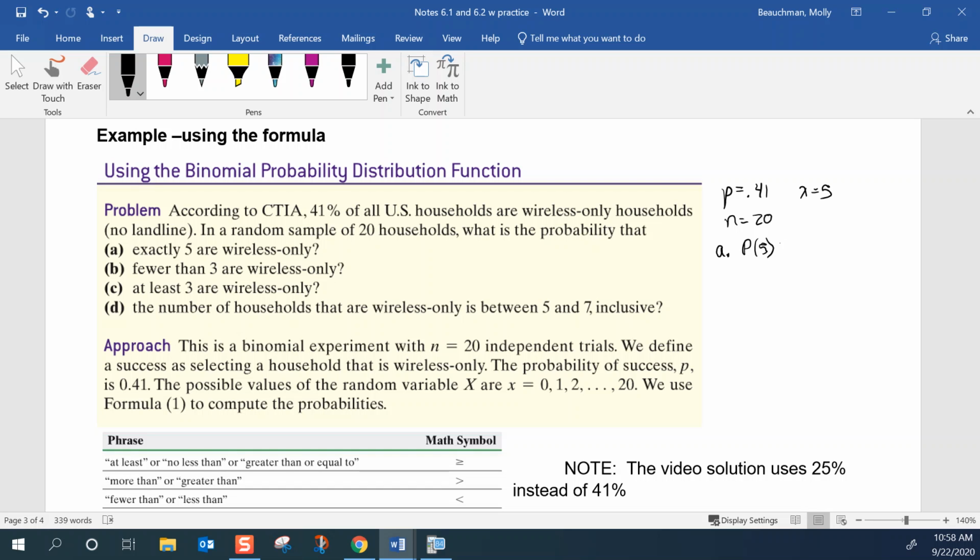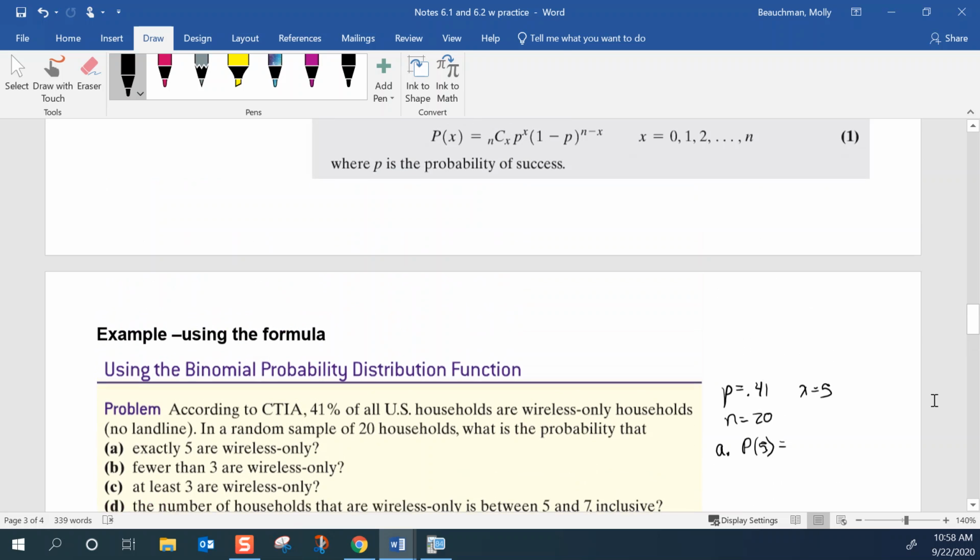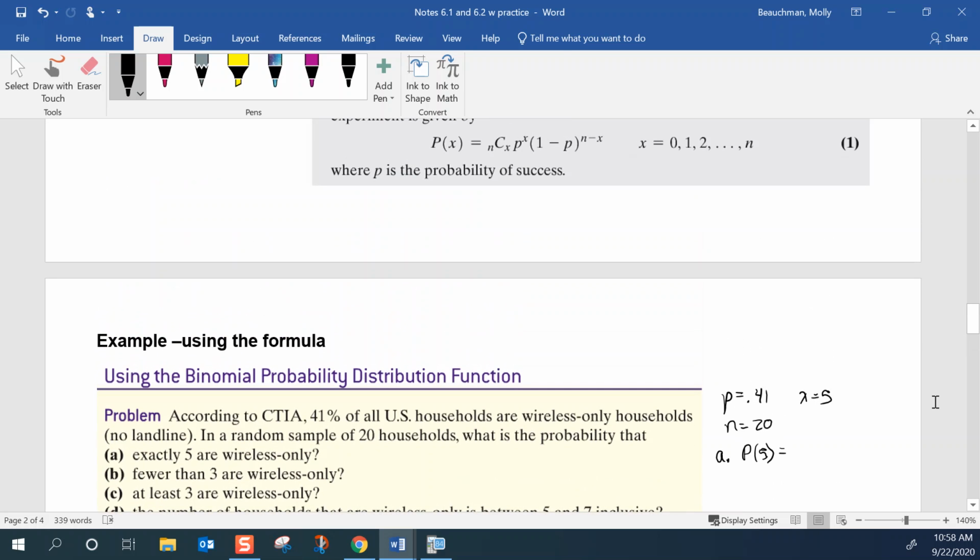So the probability of 5 is going to equal, let's look at the formula above, the combination nCx.